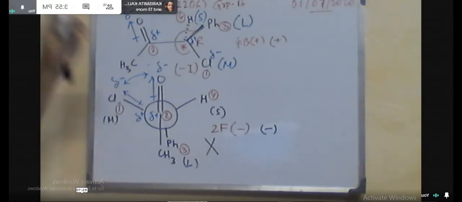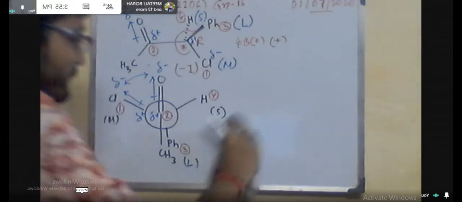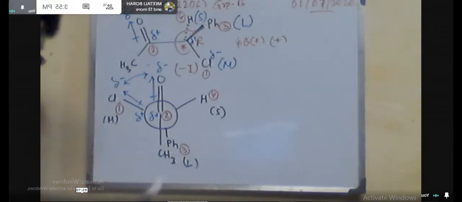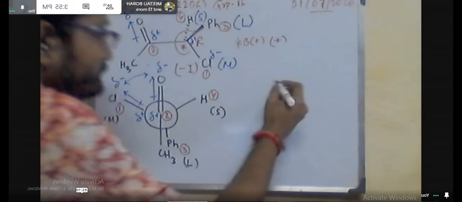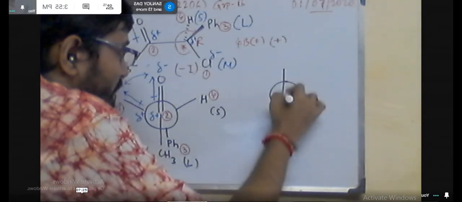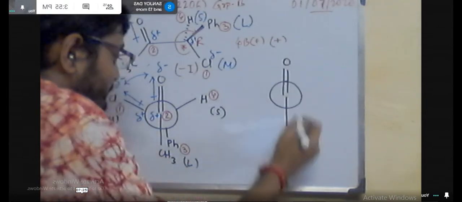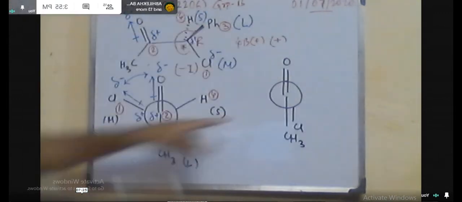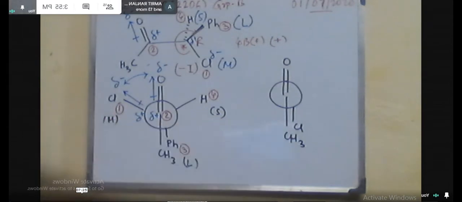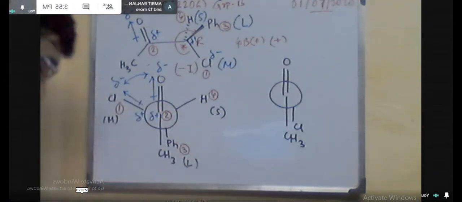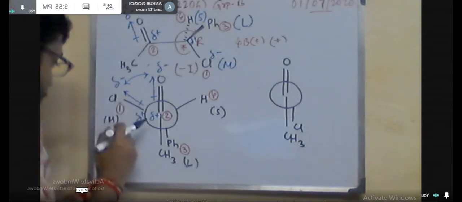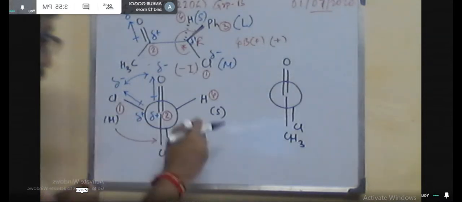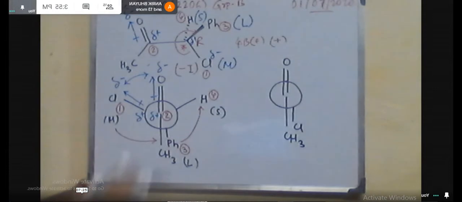That means this is the phenyl and this is the hydrogen, and here you can check the configuration of that chiral carbon is fixed because it is 2, 1, 3, 4. Okay, and we know 2F minus, and here rotation 1, 3, 4 anti-clockwise minus. So the chirality, that means the configuration, is maintained. So this is the reactive conformation for this system.